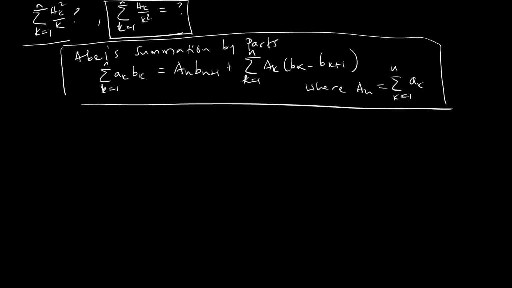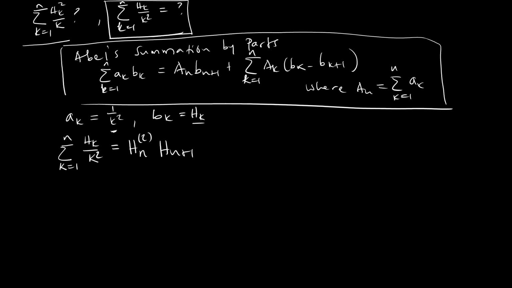Therefore, if we assume that small a_k is equal to 1 over k squared, and b_k is equal to the harmonic number H_k, then the summation from k equals 1 to n of H_k over k squared is equal to capital A_n, which is the summation of this, so that is H_n squared, times b_{n+1}, which is H_{n+1}, plus the summation from k equals 1 to n.